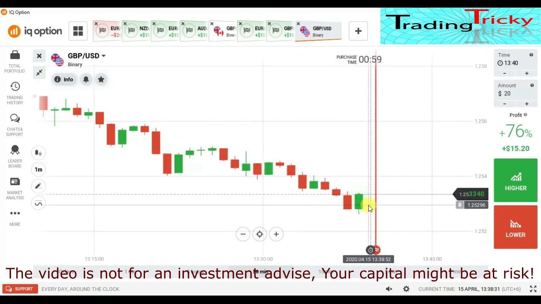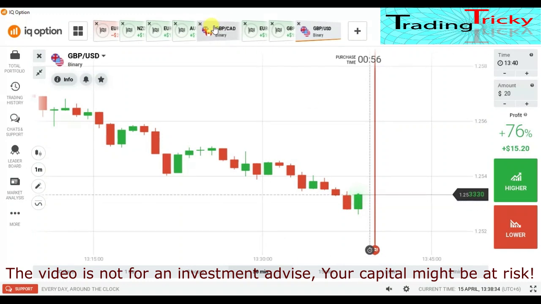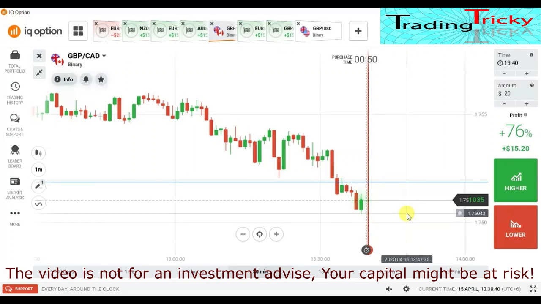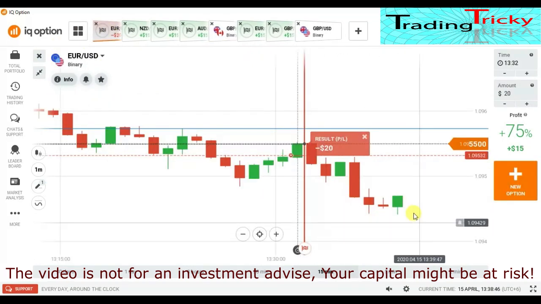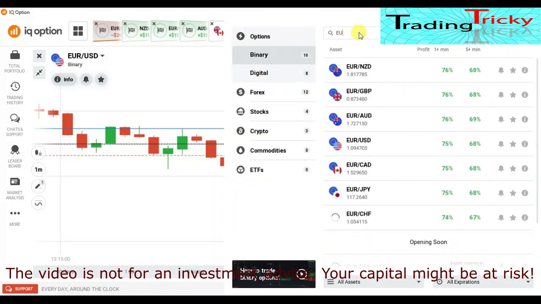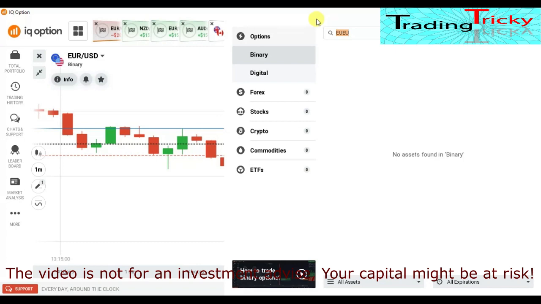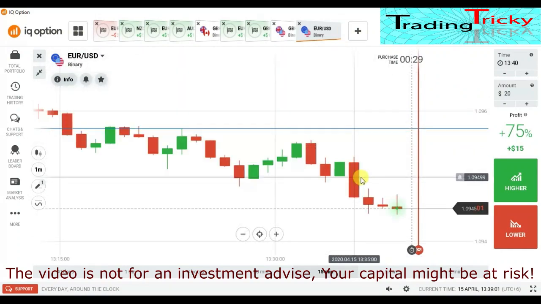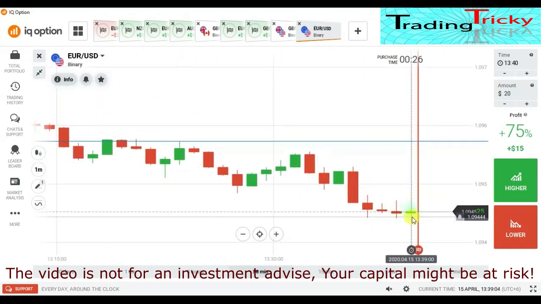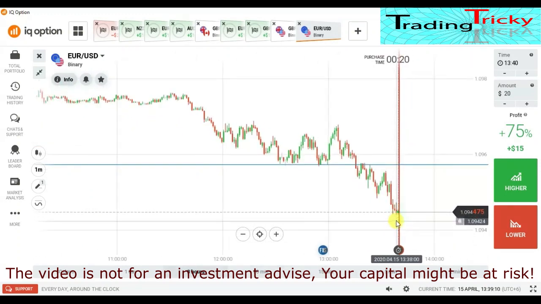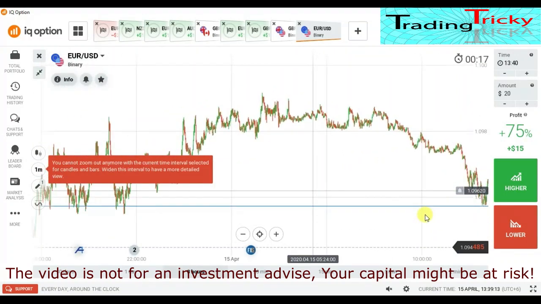Okay, this is a strong buyers' entry. What about GBPCAD? In GBPCAD you can also see buyers' entry. Okay. Euro USD. If you check this market, the buyer made a new high and the seller is getting weaker, but the main thing is the trend is down.